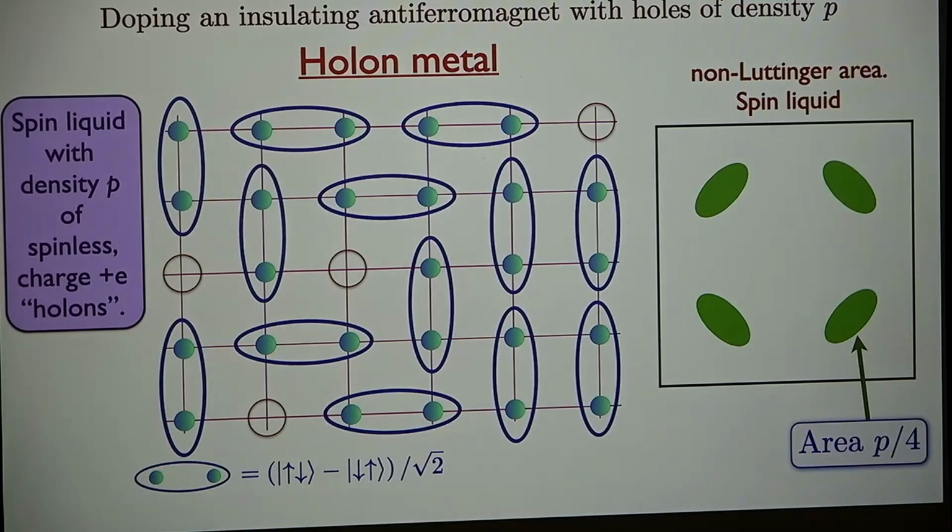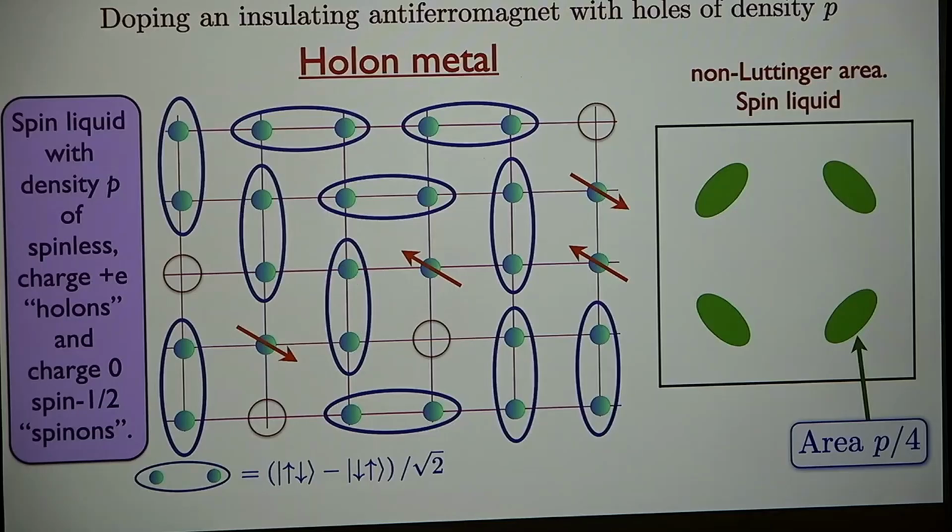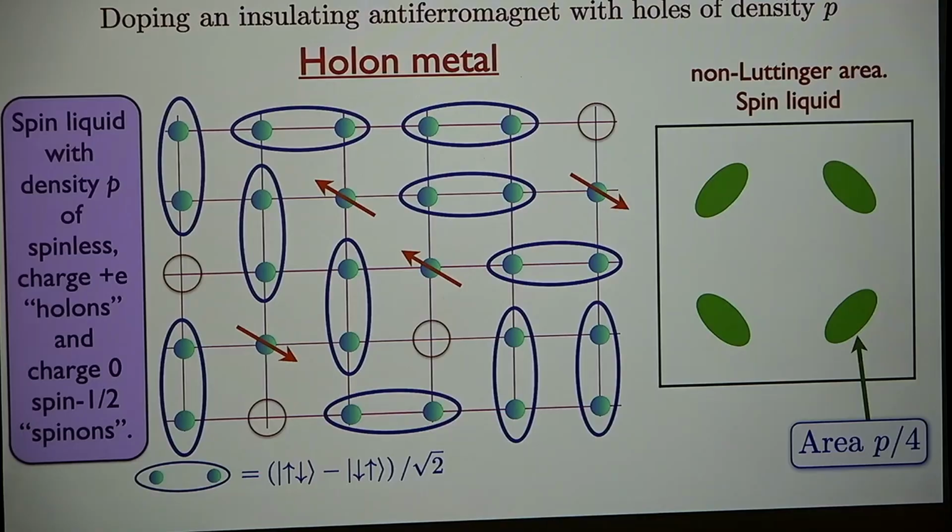All right. So what's going to save the day? Well, what can happen, and there are lots of calculations now showing that this is what happens, is that this spin liquid also has spinons in addition to the holons. So I have particles that can move around but carry no charge. But to create them, you go to an excited state. It costs you some energy to create them.